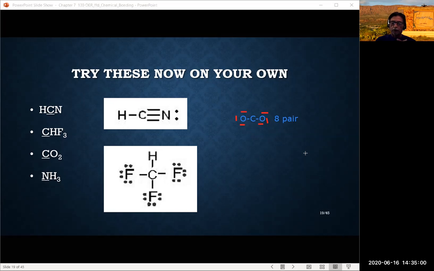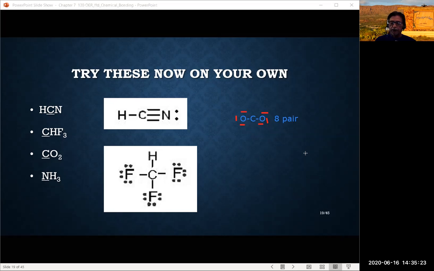Remember, we can add more or less. Now go check the octet. Each of the oxygens are happy, correct? Because there's 8 electrons around each oxygen, the left one and the right one. But carbon only has 4 electrons. And so this is where we start making double bonds.